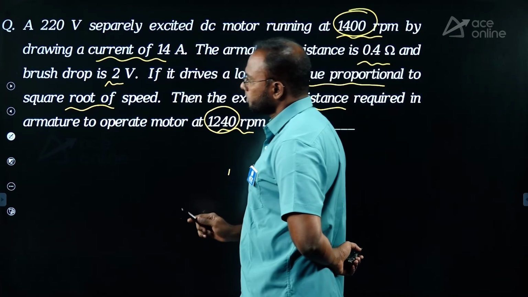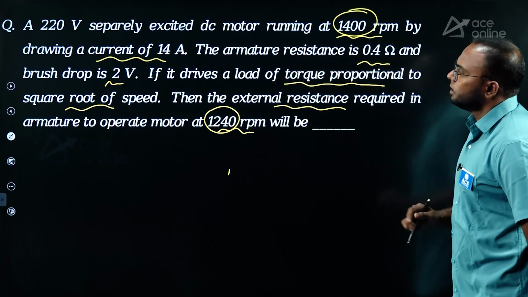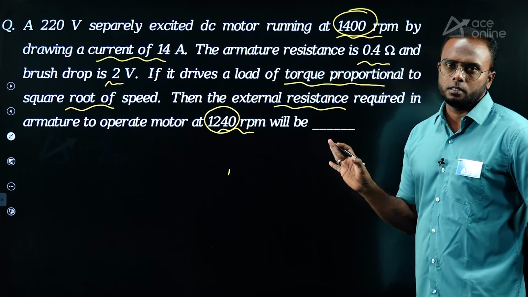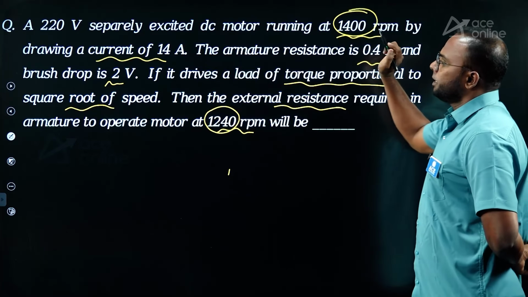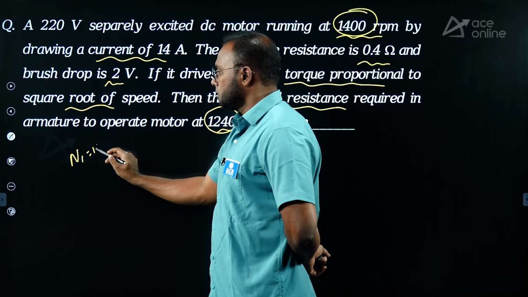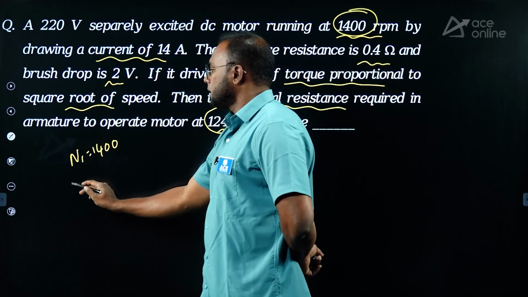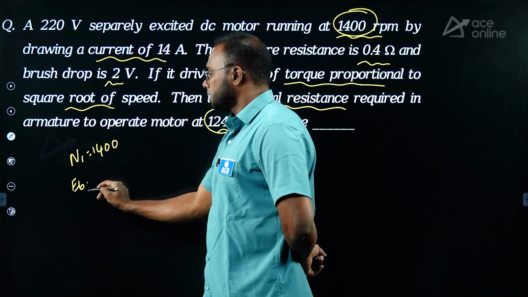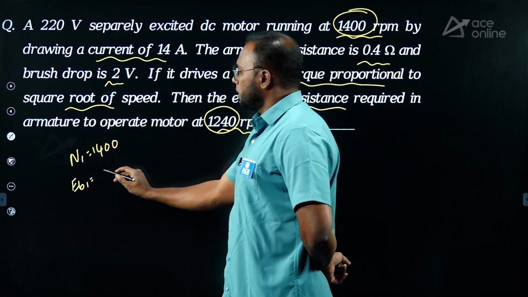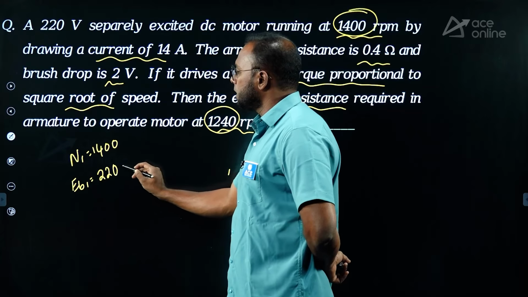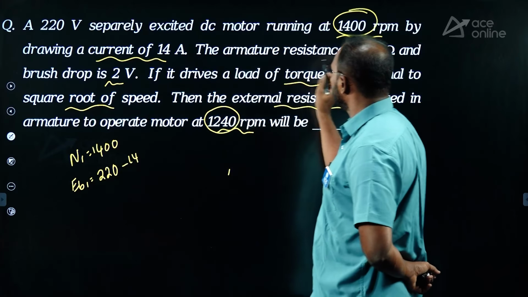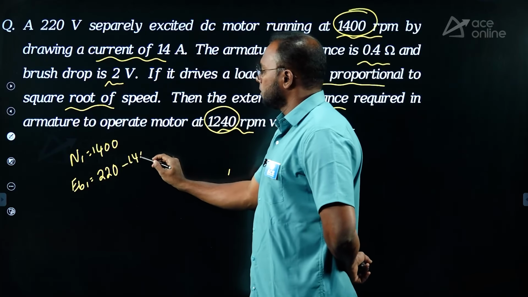Calculate this. First, for a separately excited DC motor, flux is not given here, so flux is constant. The initial speed is N1 equal to 1400 rpm. What is the back EMF in the initial condition? Calculate V minus IaRa: 220 minus 14 amps into Ra, armature resistance 0.4.